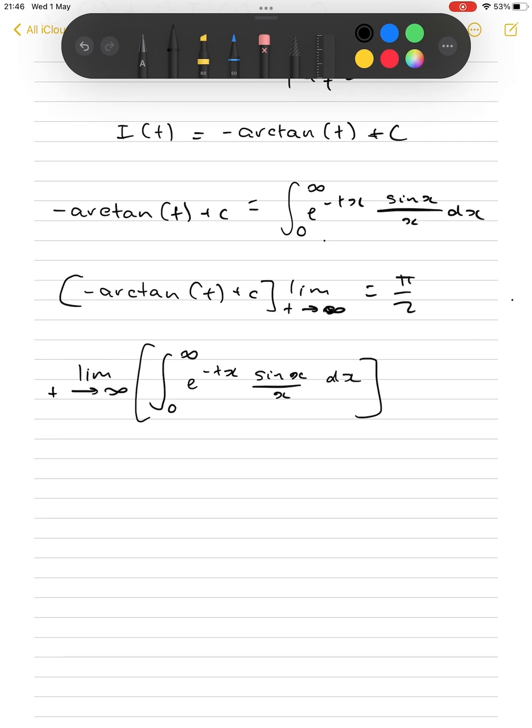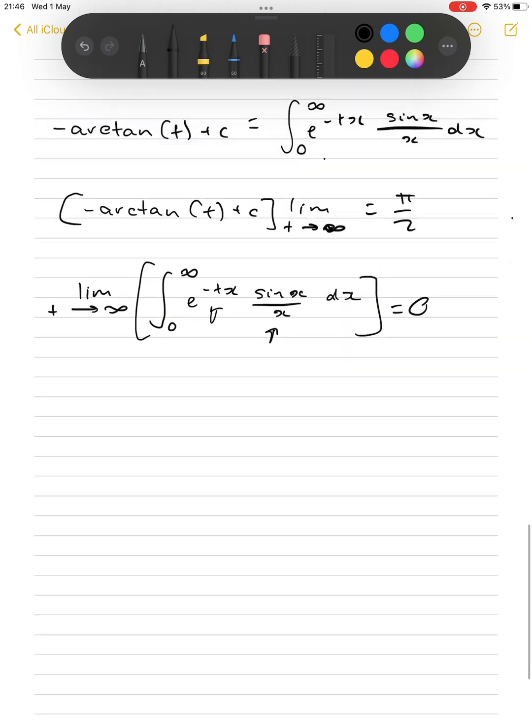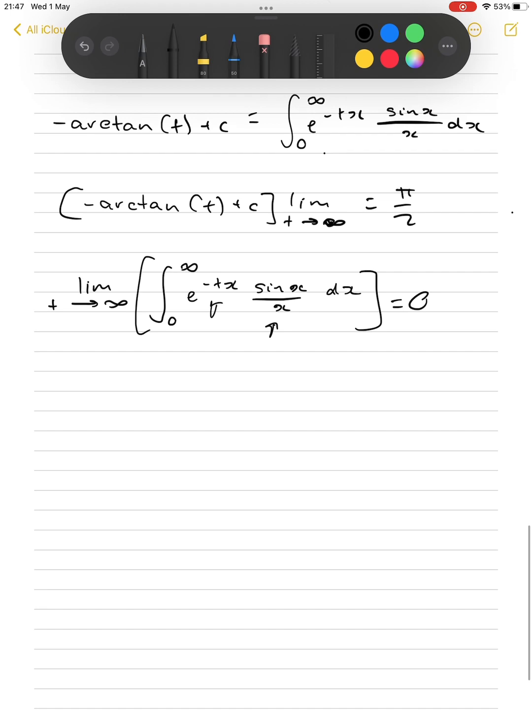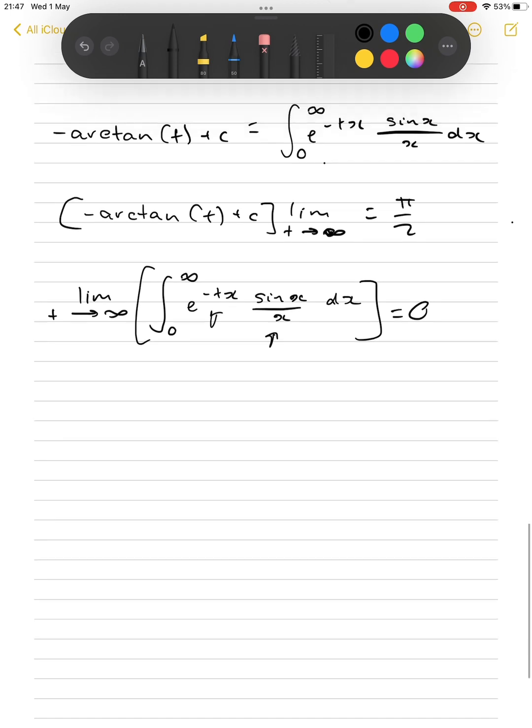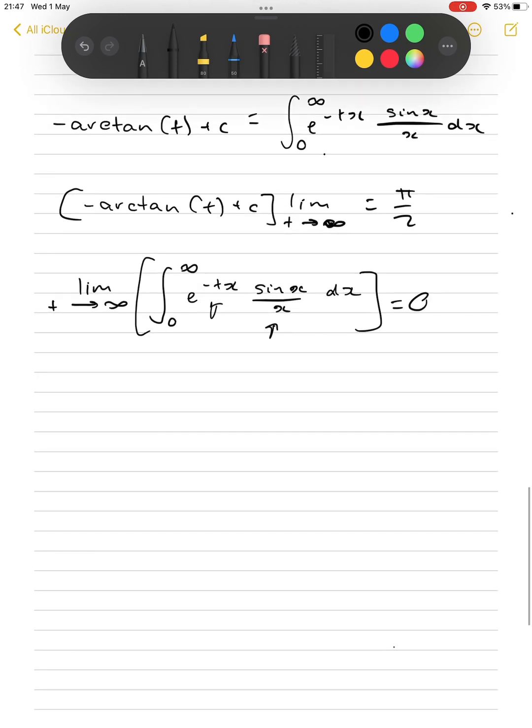Essentially, what matters is that we have a negative exponential here. We know that in any case, as t approaches infinity, this entire expression will approach 0. So this limit is just 0. Therefore, our constant of integration, or I guess the evaluation of this integral from 0 to infinity, is just equal to pi over 2.